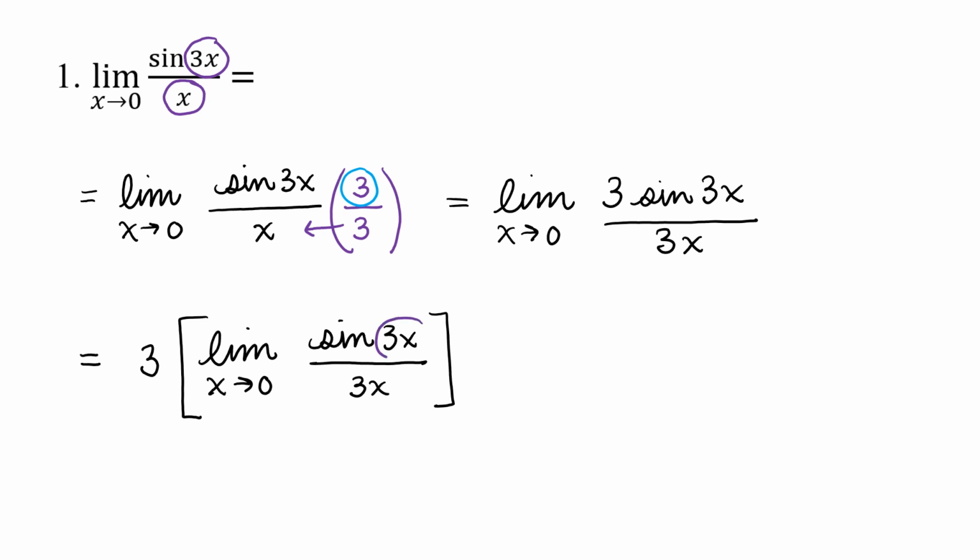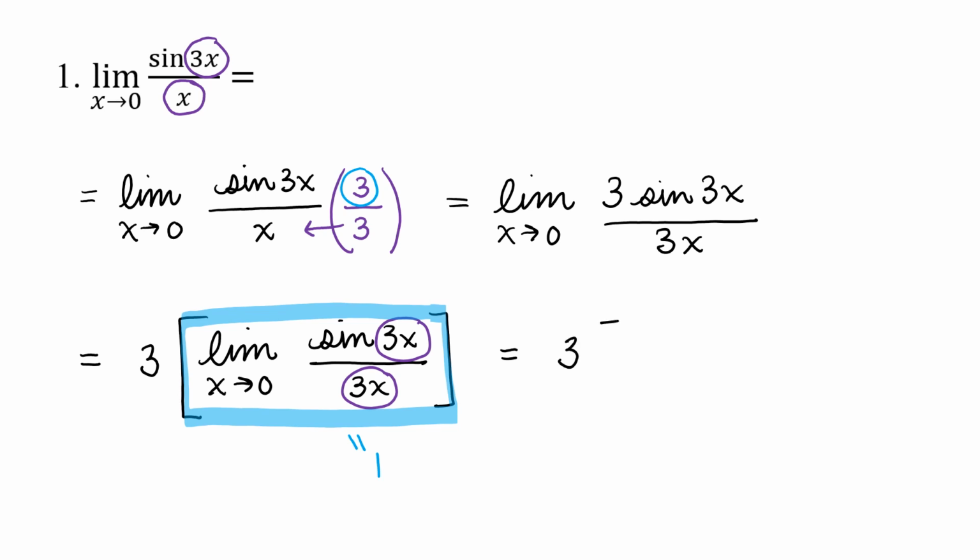And now our angle and our denominator match, so we can use the limit that we have memorized. So this whole limit here will evaluate to 1. So this is equal to 3 times 1, which is 3.